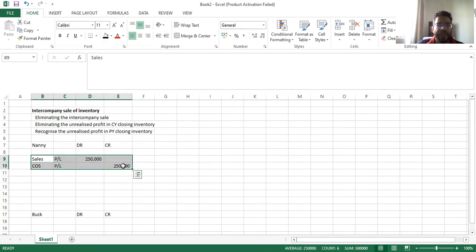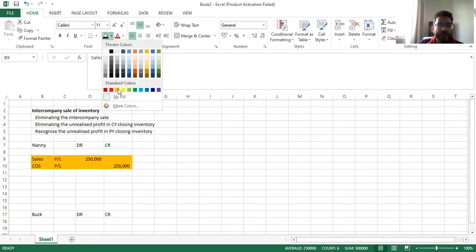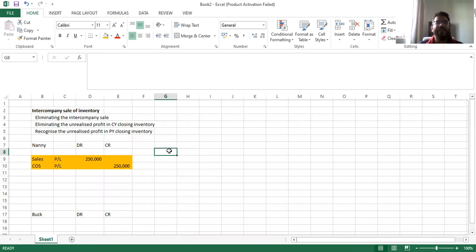So I'm going to highlight this in orange, which is not the actual answer. This was the parent-subsidiary relationship. That is what the journal entry would look like, eliminating the intercompany sale. So you debit sales and you credit cost of sales. What do we notice?